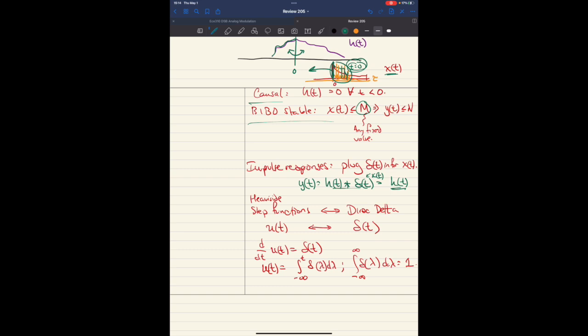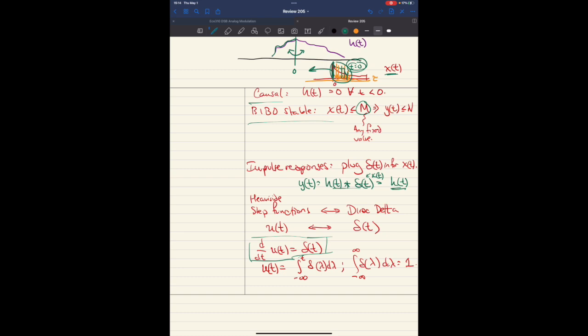Now, the Heaviside function and the delta function have a strong relationship. We've been talking about this delta function, how it is what we put into the system to get out the impulse response h of t. The Heaviside step function is useful for giving us the step response, and there's a duality between the Heaviside step function and the delta function.